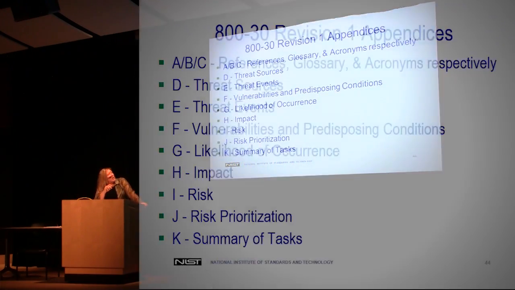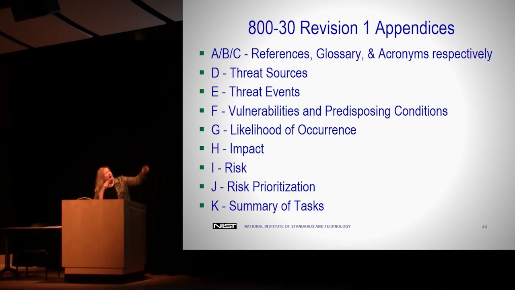Okay, so here's the appendices that we have, and you can see it kind of goes along in the order of the steps and tasks that we just did, where we have, well, in almost every one of our pubs, Appendix A is always references, B is a glossary, and C is acronyms in most of our pubs, not every one, but most of them.